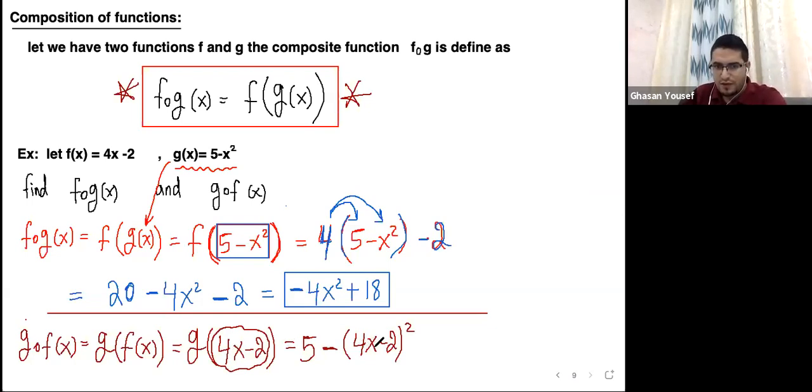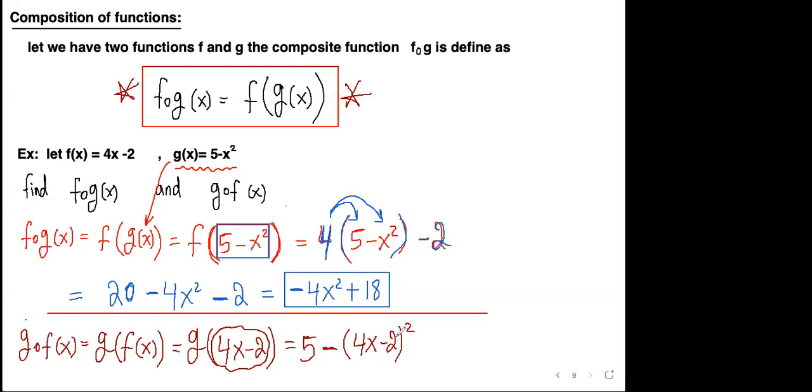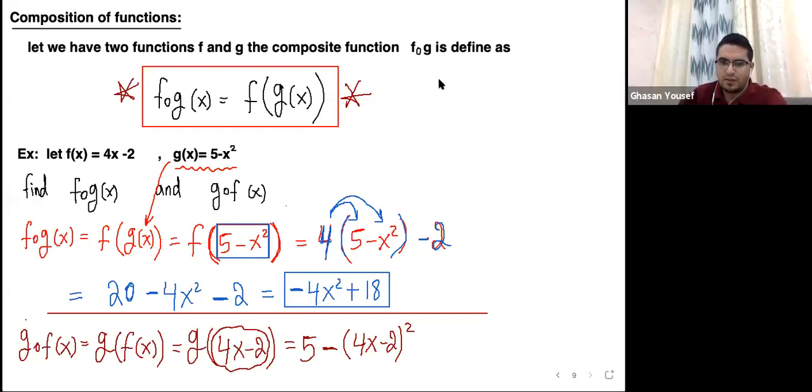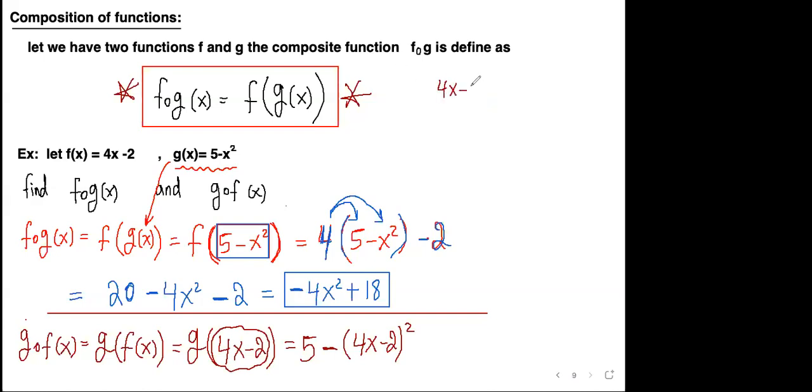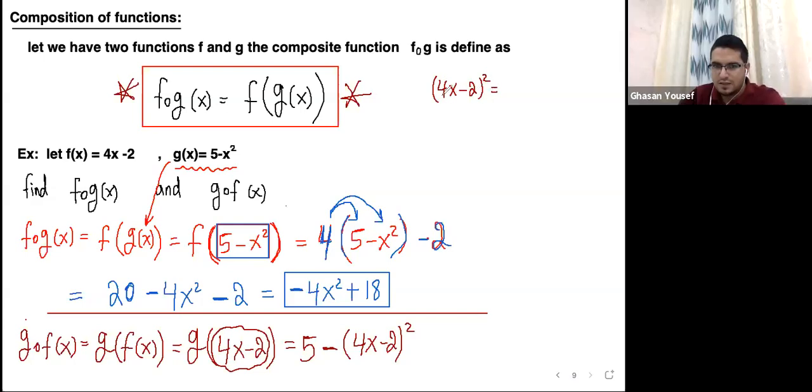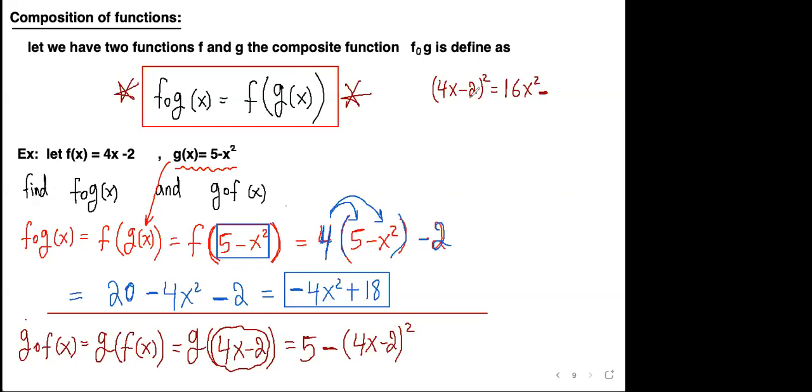What is the 4x minus 2 squared? Is it 16 plus 16x squared plus 8 minus 8 plus 4, I think? Yes, the first term squared is 16x squared, minus, you multiply the 2 with the first term with the second term. 2 times 4 is 16x.